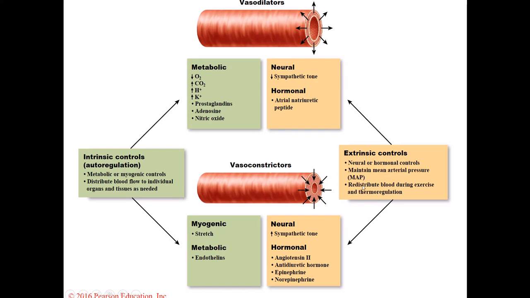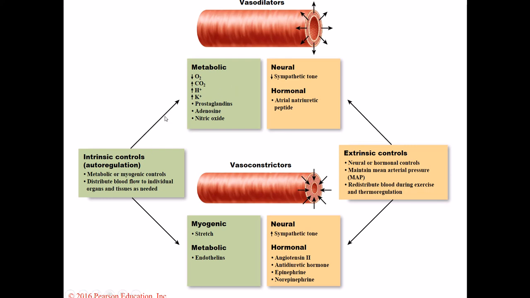If you look at the extrinsic controls, again, neural, sympathetic, and all the hormonal controls, they're of course maintaining the arterial pressure, excuse me, and doing this directing of blood flow to where it needs to go in the body as a whole.